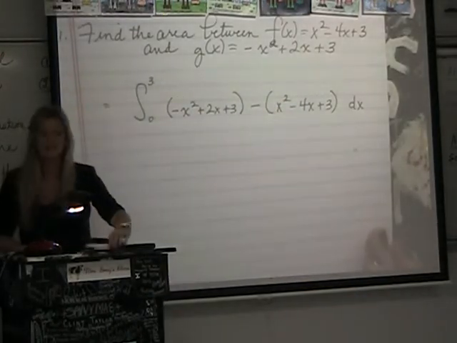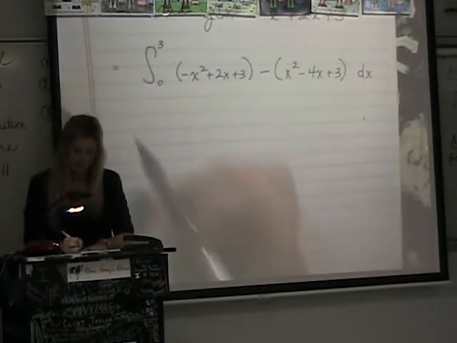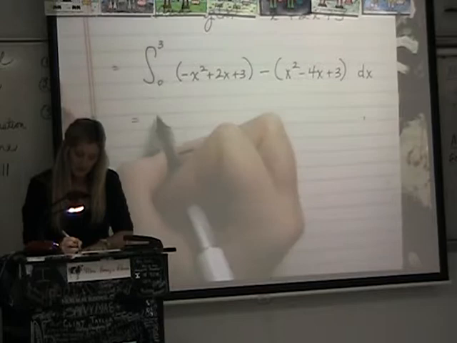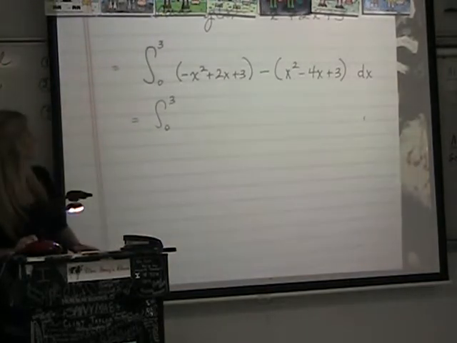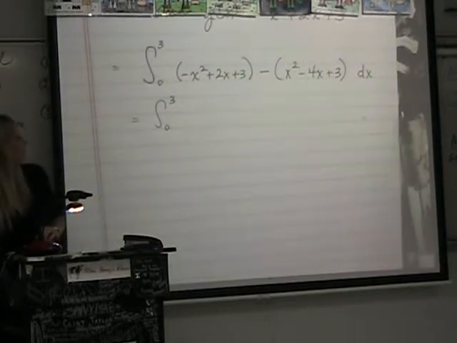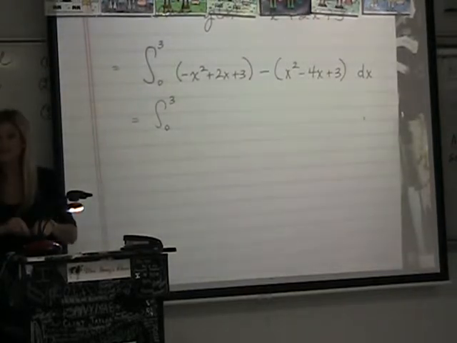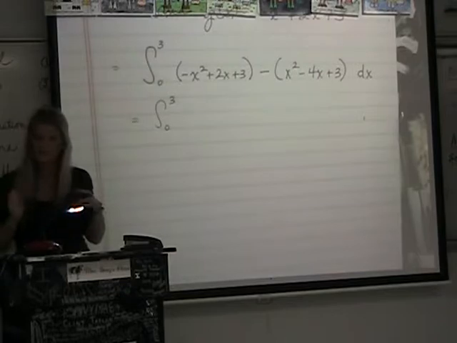All right, well, let's finish this out here. We're going to take the integral from 0 to 3. And to save me some writing, I'm going to go ahead and distribute my negative and combine like terms all in one step.